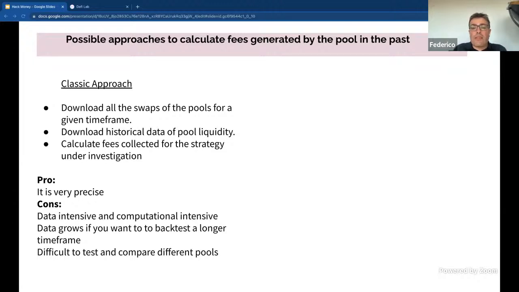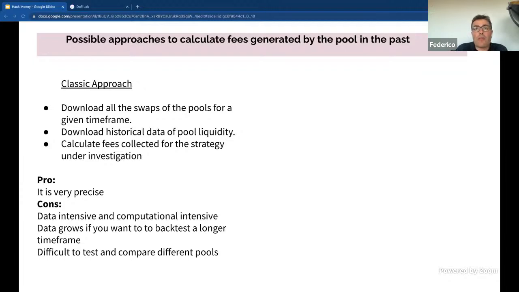The amount of trades to be downloaded, for example, for a popular pool like ETH USDC, for just a couple of days is very, very high, making this method very slow. It's also not very handy to compare different pools' performances. As you might know, there are different pools for the same assets in Uniswap.